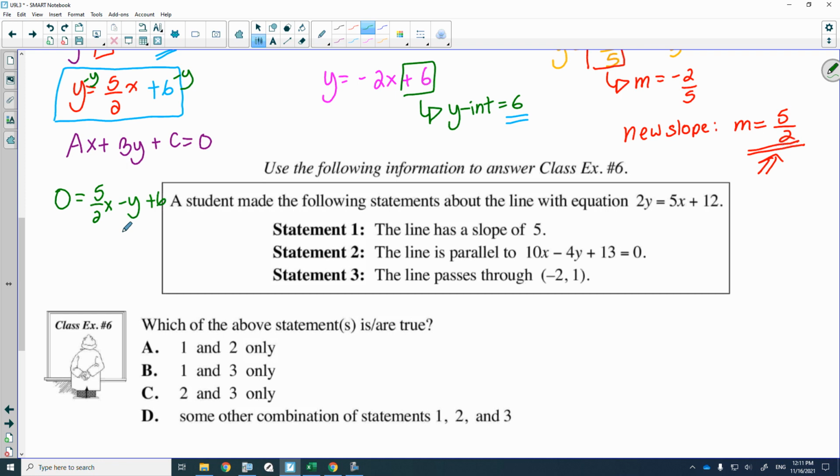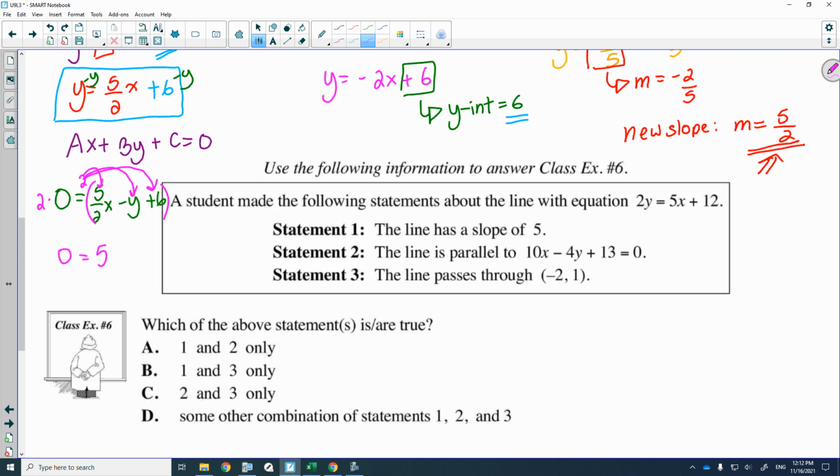So if this is being divided by 2, how do we get rid of that fraction? We put this in a bracket, and we're going to multiply that side by 2. What we do to one side, we will always do to the other side. 2 times 0, it doesn't change anything. That's 0. But watch what happens when you distribute the 2 into this bracket. You could, on your calculators, type in 2 times open bracket 5 divided by 2 close bracket, or you could just do it in your head. 2 times 5 is 10. 10 divided by 2 is 5.